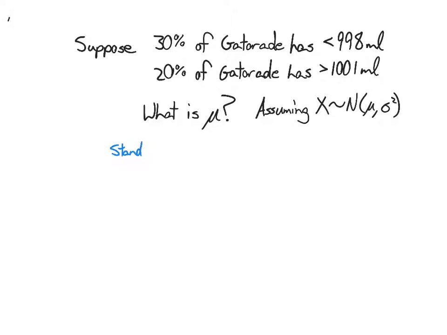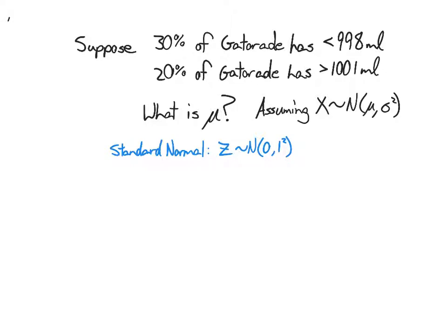So that means how many Z's are we going to have to find? 2. Okay? So standard normal, remember, standard normal has Z distributed normally with a mean of 0 and a variance of 1 squared. Standard deviation is 1. Okay? So, here's what we're going to do.